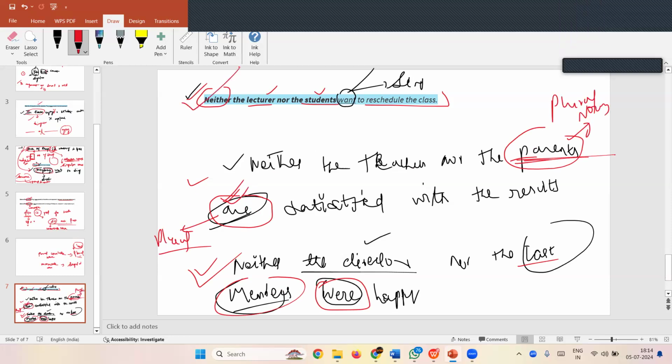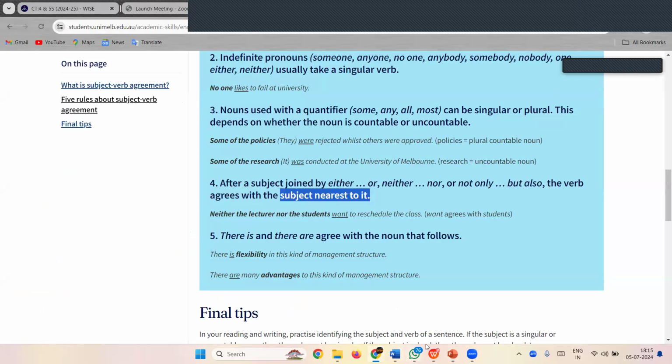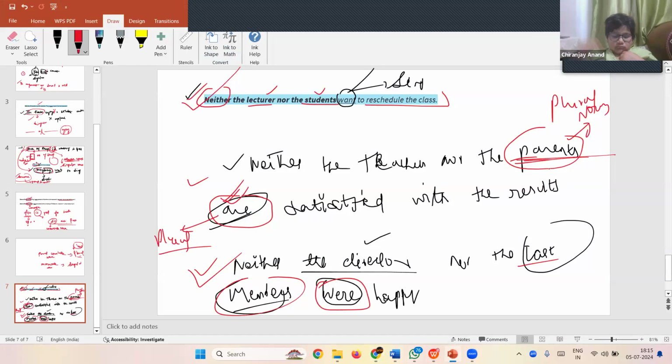But why not here? As per the rule, the verb should agree with the subject nearest to it. The subject nearest to it in this sentence is parents, plural, so you are using plural. Here also, the subject nearest to were is members, again plural, so you are using plural.